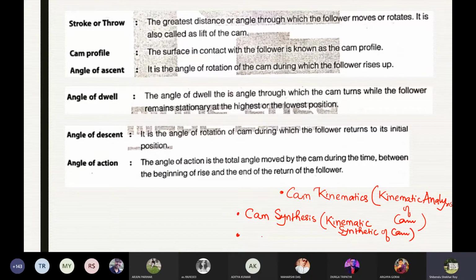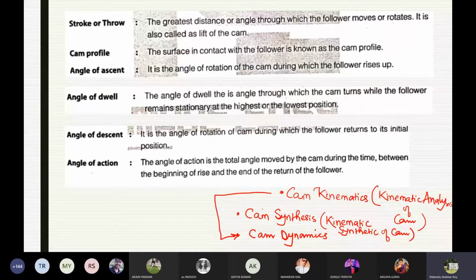And after solving cam kinematics, there will be dynamics of cam, or cam dynamics. As you know, first solving the kinematics, then dynamics means cam kinetics. Here I'm talking about cam dynamics.